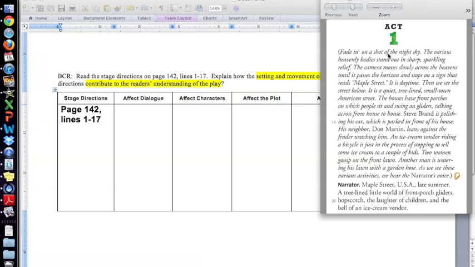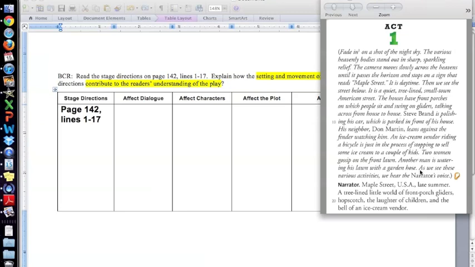Act 1. Fade in on a shot of the night sky. The various heavenly bodies stand out in sharp, sparkling relief. The camera moves slowly across the heavens until it passes the horizon and stops on a sign that reads Maple Street. It is daytime. Then we see the street below. It is a quiet, tree-lined, small-town American street. The houses have front porches on which people sit and swing on gliders, talking across from house to house.